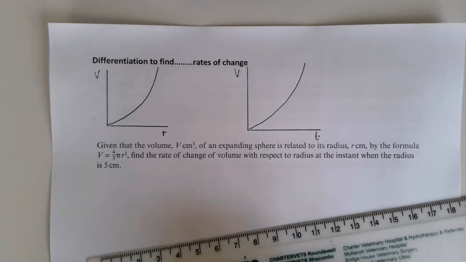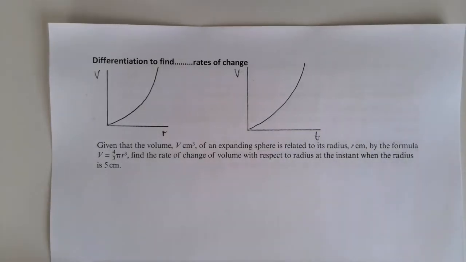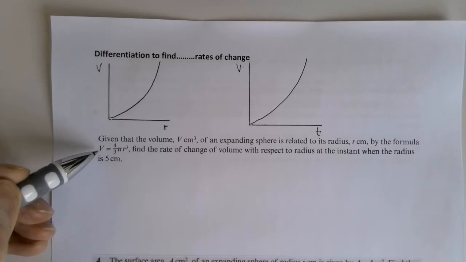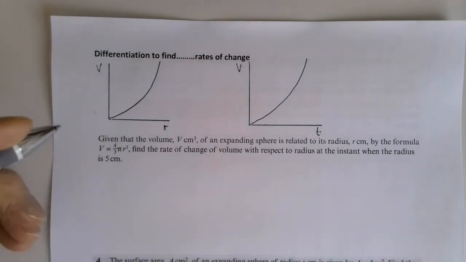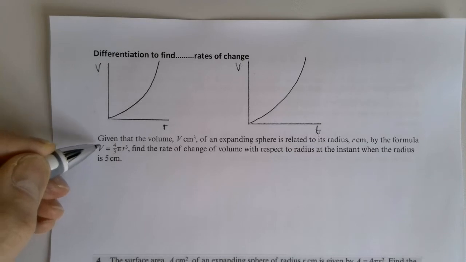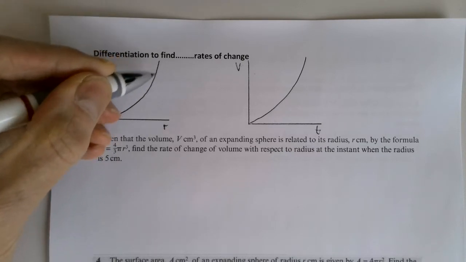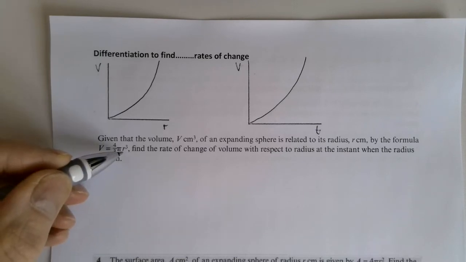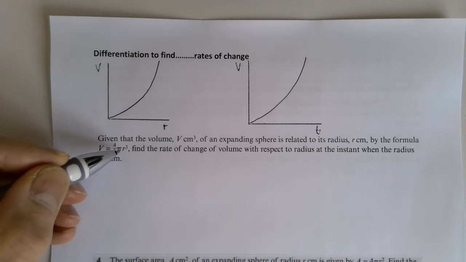So let's look at an example, which is the volume of an expanding sphere. So maybe this is a balloon, I don't know. But we know the formula for the volume of a sphere. It's 4/3 pi r cubed. By the way, this is on a handout that I've attached. So that is going to give me something like this. I could plot it exactly and get an idea. Obviously, the graph would be defined for negative values of r, but the radius of a balloon or any sphere has to be greater than or equal to 0, doesn't it?